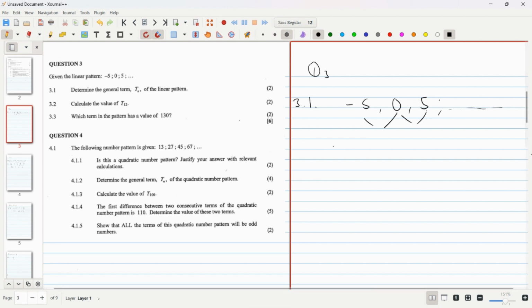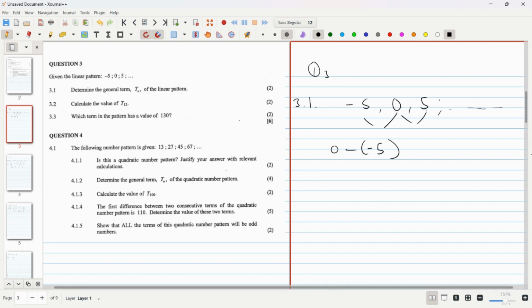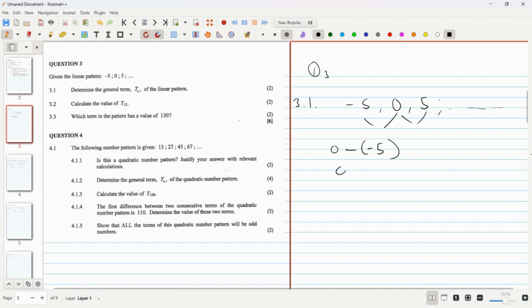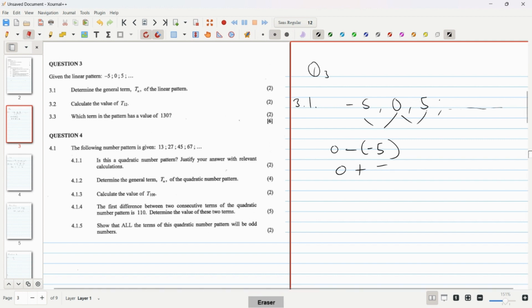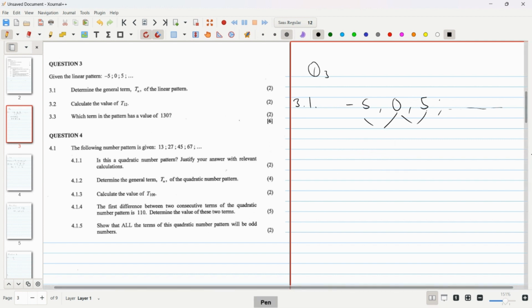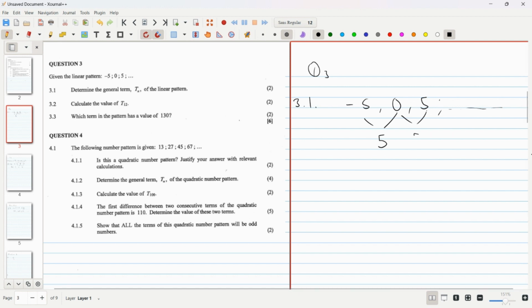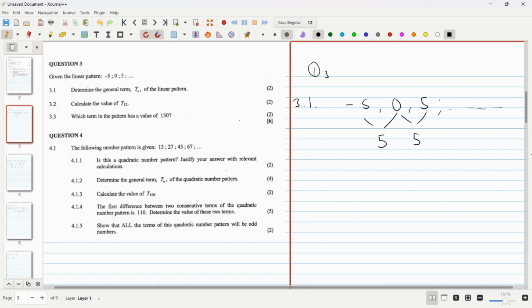So you need to be careful on this. 0 minus -5 becomes positive, then you have 0 plus 5, which is 5. So it's very important to take note of that. And also here, 5 minus 0 is 5. Right, so this is our constant first difference.